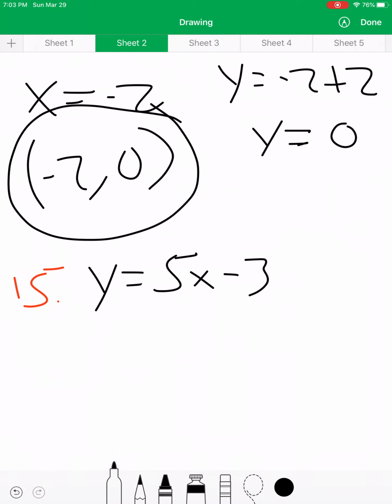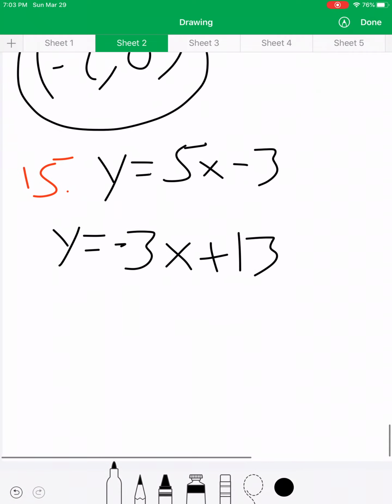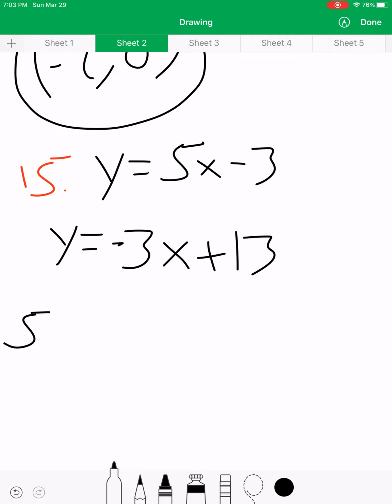y equals 5x minus 3, and y equals -3x plus 13. All right. Again, substitute either equation in for y. When I do that, I'm going to write this as 5x minus 3 equals -3x plus 13.